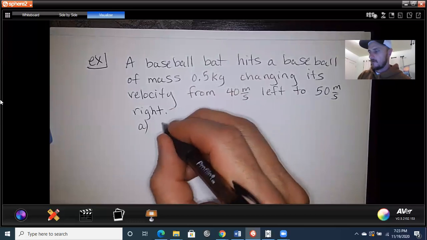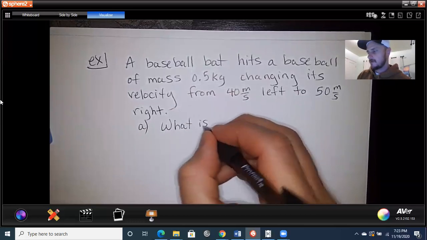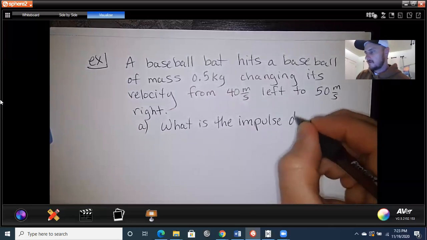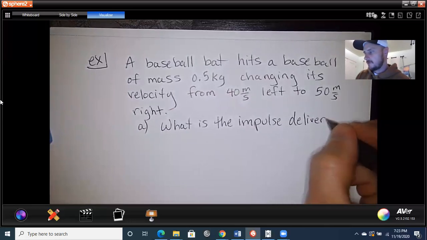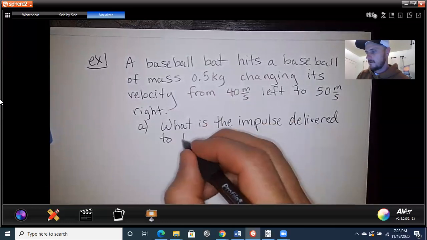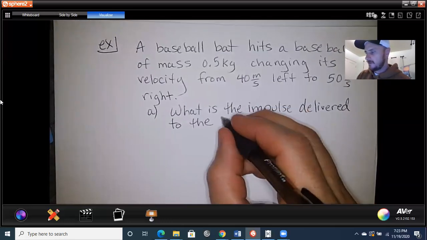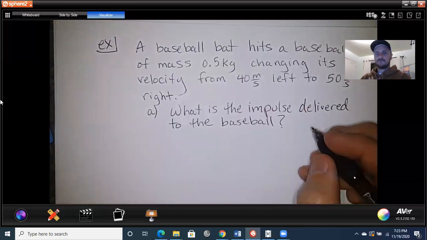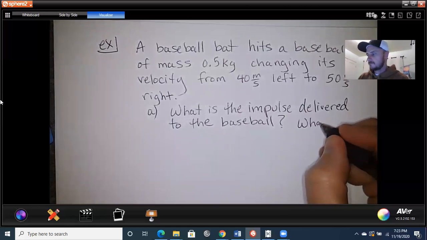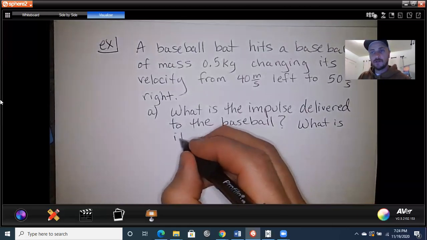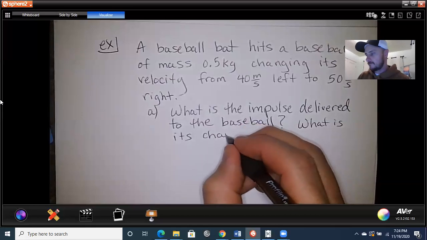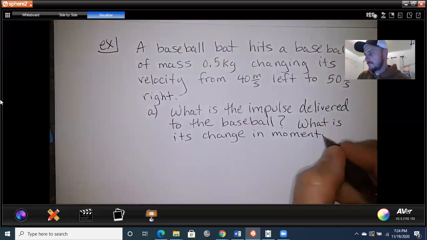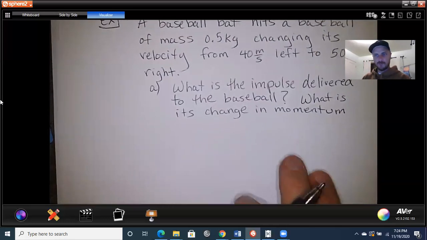A, what is the impulse delivered to the baseball? What is its change in momentum? And then there's going to be a part B, but let's finish part A first.